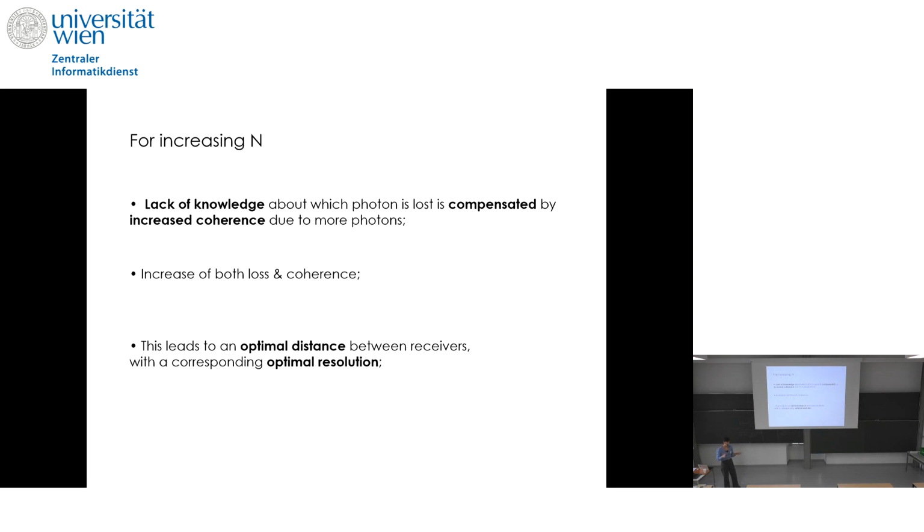So there are two effects that have to be balanced. On one side, we are increasing the loss. On the other side, we are also increasing coherence, which is good. So at the end, there is a trade-off between these two effects, which will lead to an optimal distance between the two receivers, and then to an optimal resolution.